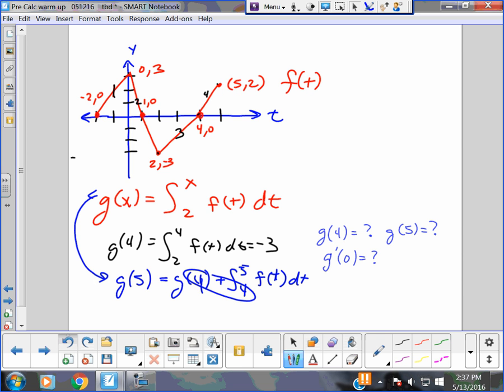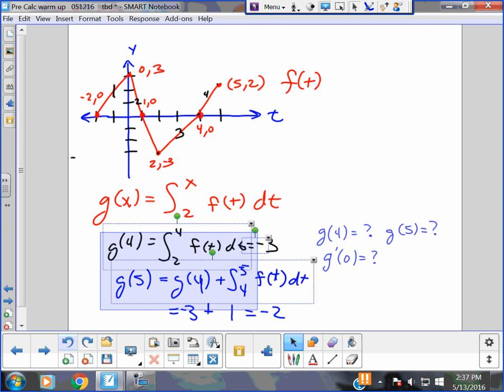And anytime I want to do that, I can. All right, so here I go. And I get, we just found it's -3. This triangle is 1 by 2 up here. Okay, 1 by 2. I think the area is 1. So I think the answer to g of 5 is simply -2. All right. So those are the 2 values we found.